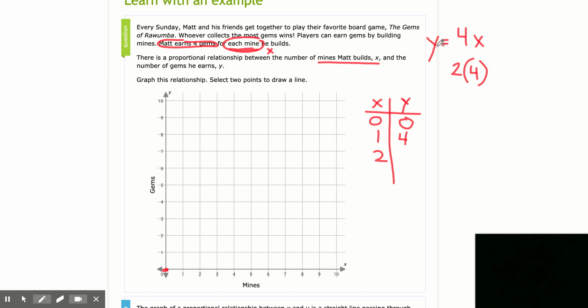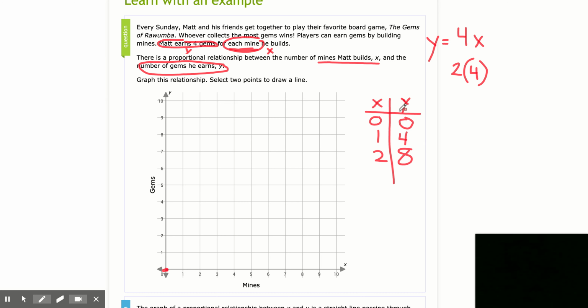And then y is the number of gems that he earns. So the number 4 here is not y. The number 4 here is just 4. That's the constant. So if we go back here, we have 2 times 4, and 2 times 4 is 8.